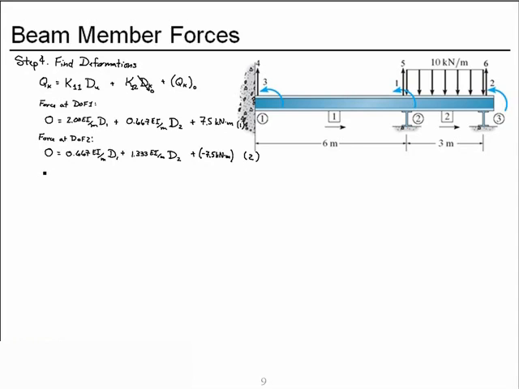So we have two equations, two unknowns. So what I'll do is I'll multiply equation 2 by the following ratio, negative 0.667 over 1.333. And so when I multiply this entire equation by this ratio, the coefficient in front of deformation at degree of freedom 2, d2, becomes a negative 0.667.